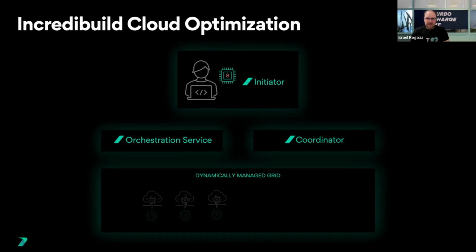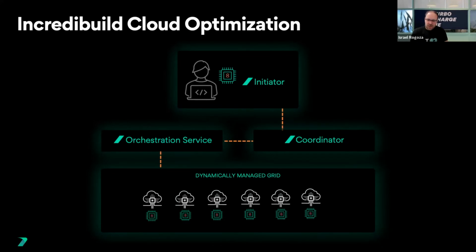So we talked about Incredibuild Cloud, and let's see how it really works. So we have the initiator machine. This is the developer. In this example, he has an 8-core machine. And once he executes his workload, the initiator requests from the coordinator, hey, in this example, I need 6 machines.